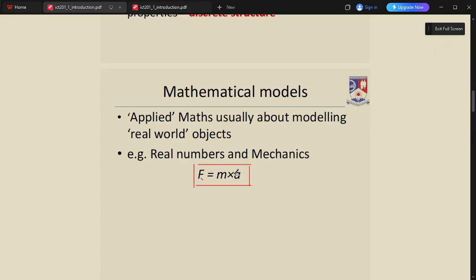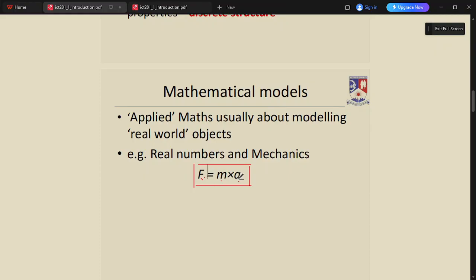It is a classic example of a mathematical model where you measure the mass and the acceleration, you calculate the force, and then you can predict how an object will move.